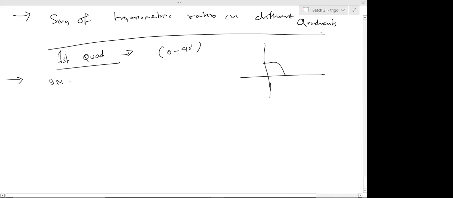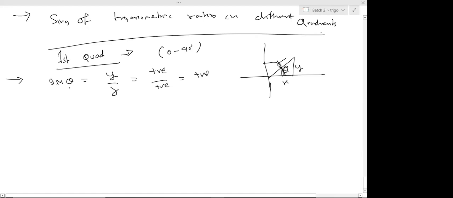Here sine theta is y upon r, just as I told you before. This is theta, y, x, and this length is r. Sine theta is y upon r. Y is positive. R is positive. So sine theta will be positive in the first quadrant.